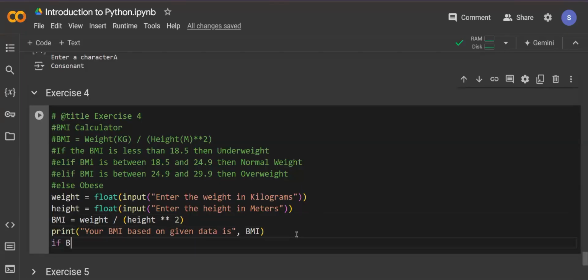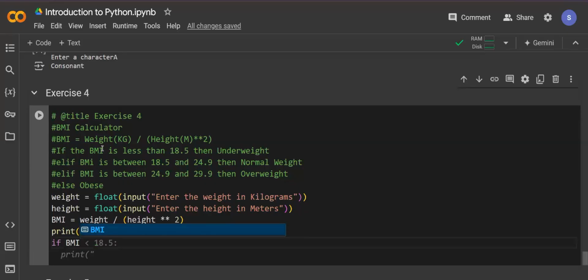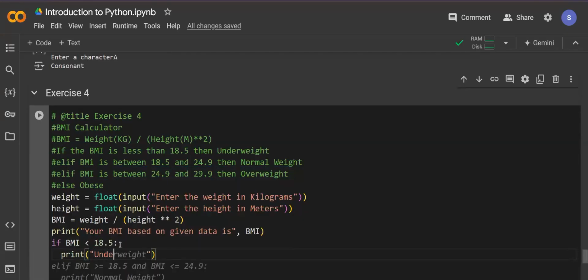Let us see the first condition. If the BMI is less than 18.5, then we print the value as underweight.